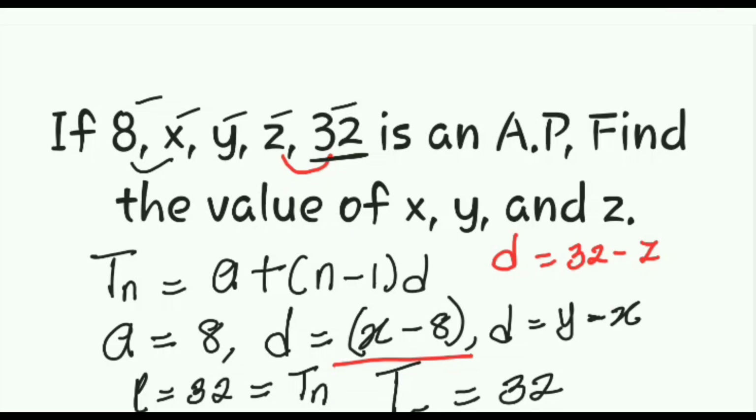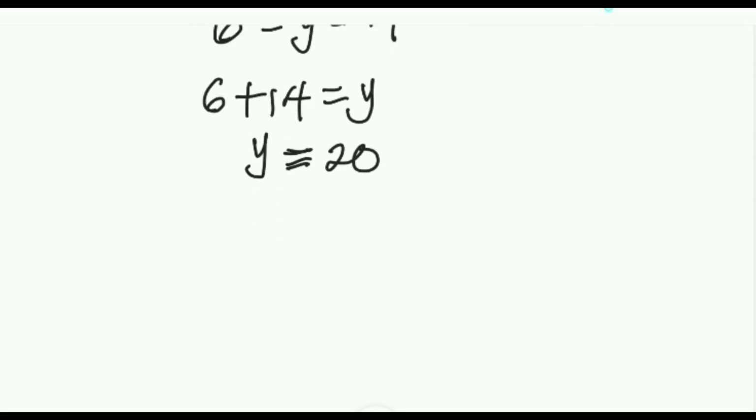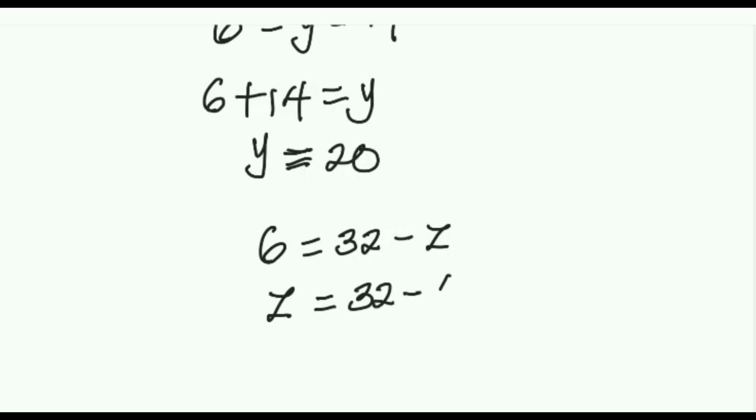So if I go with 32 minus z, what am I going to have? My d is 6 equals 32 minus z. So if you rearrange this, I have z equals 32 minus 6. What is it going to give us?